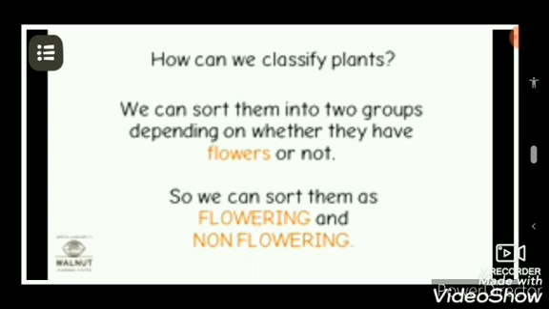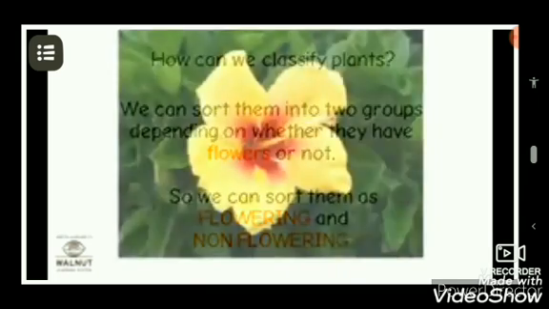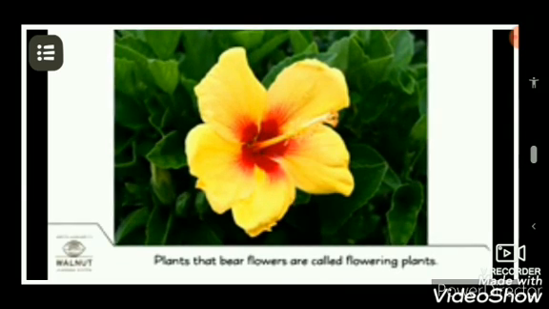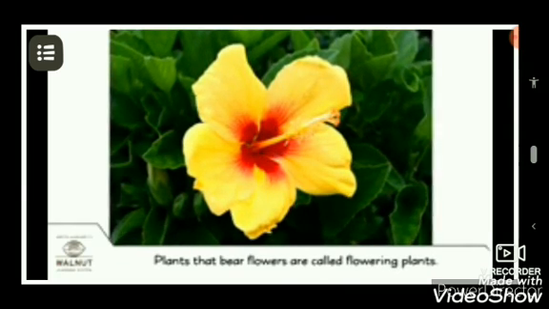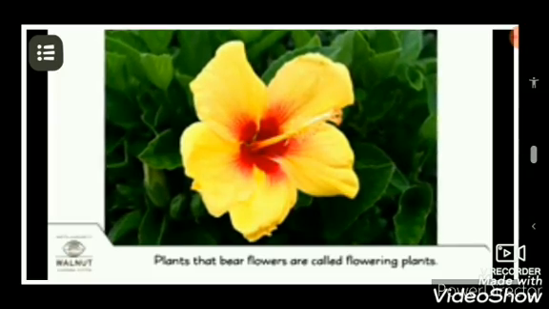We can sort them into two groups depending on whether they have flowers or not. So we can sort them as flowering and non-flowering plants. The plants that bear flowers are called flowering plants.